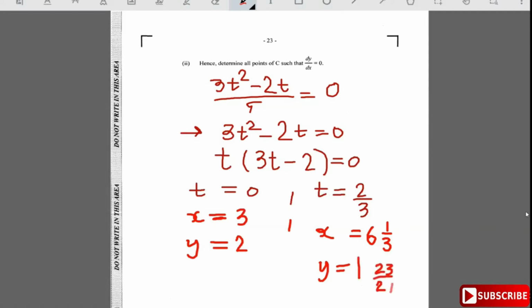All right, so those are the two stationary points, because dy by dx is a stationary point.